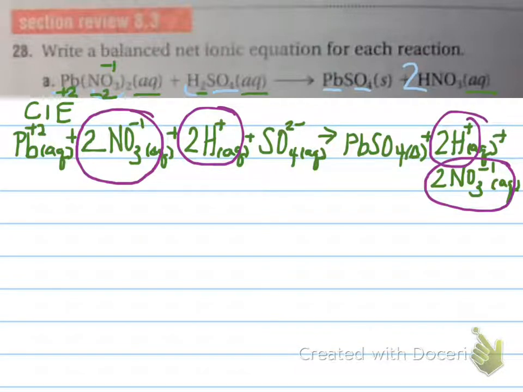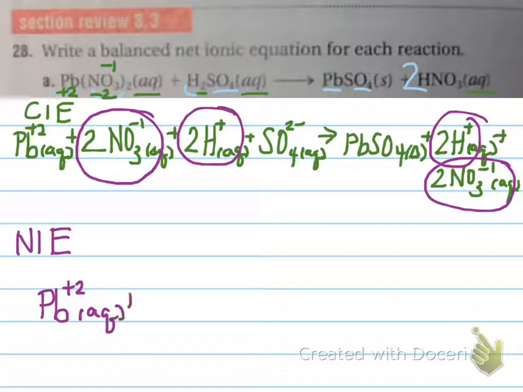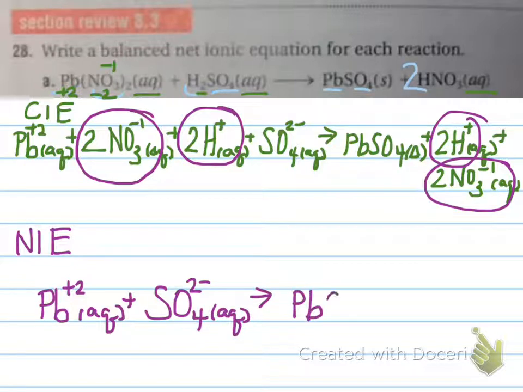So I'm going to leave those out, and I'm going to write my net ionic equation, which is Pb +2 aqueous plus sulfate -2 aqueous yields PbSO4 solid.